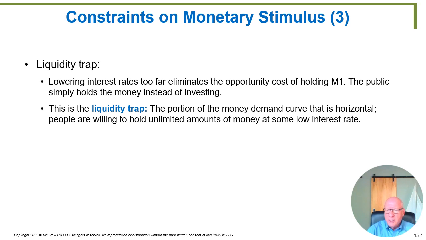Liquidity means the ability to turn an asset into spendable cash quickly. So cash itself is the most liquid. Things like overnight bank loans of Fed funds, that's the next most liquid, right? It'll be cash tomorrow morning. That's pretty darn close to being cash today, but not exactly.